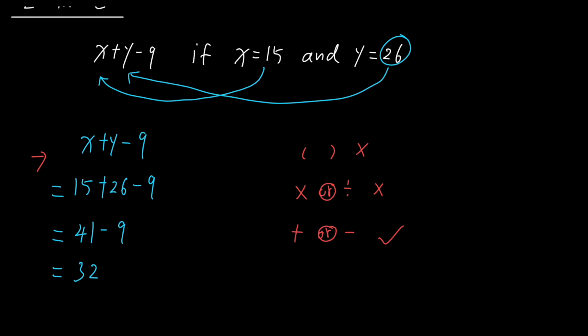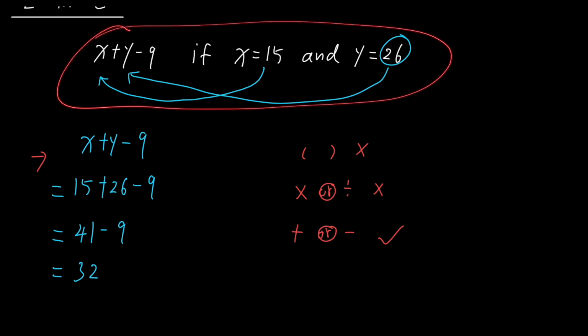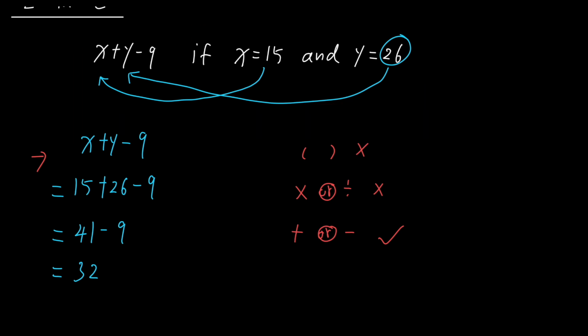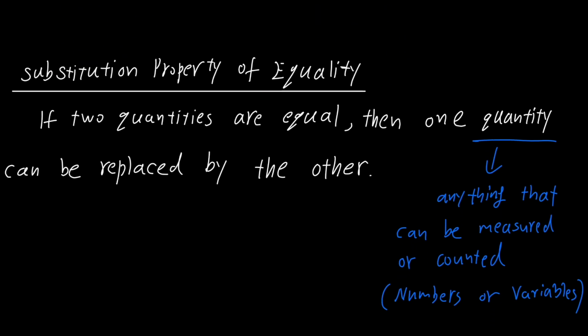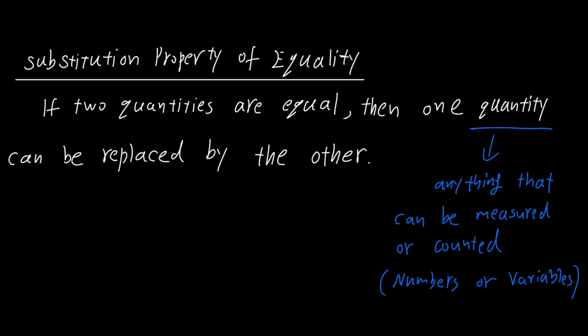So for this process, we replace values. We have a specific name for this process. We call it substitution property of equality. It means if two quantities are equal, then one quantity can be replaced by the other.